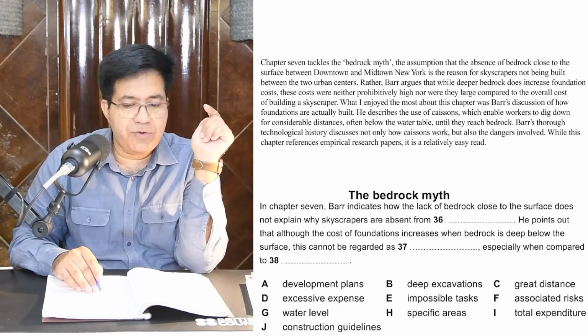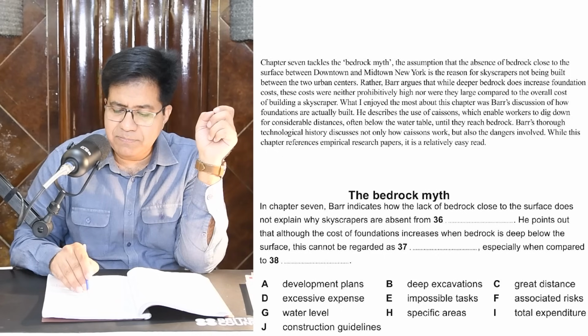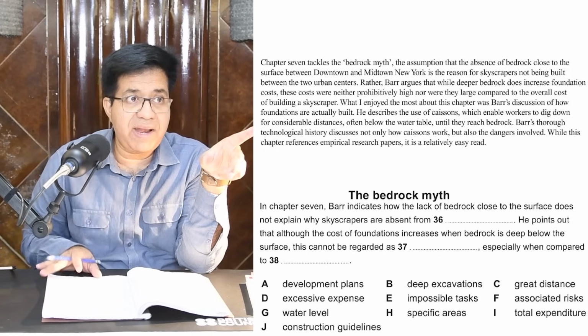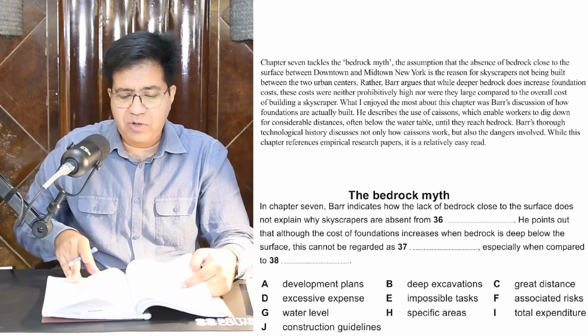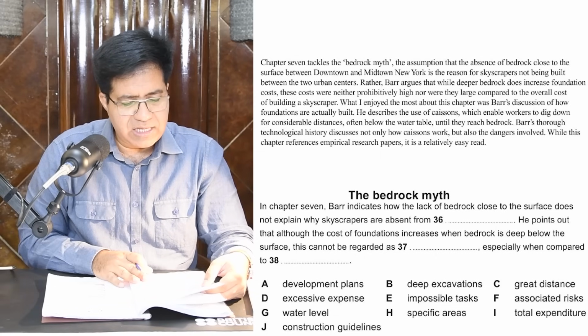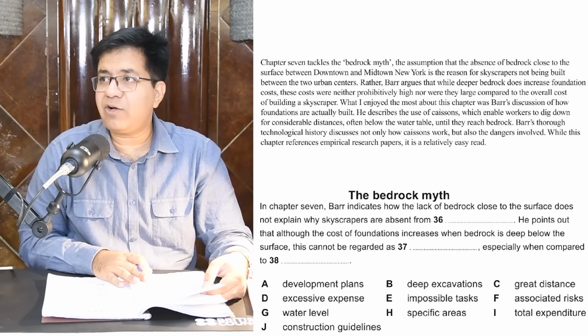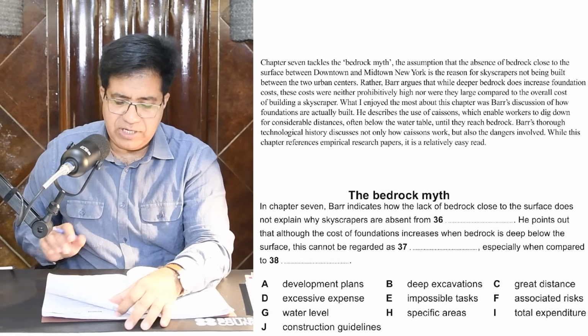Another clue word, bedrock. The assumption that the absence of bedrock, now answer is not bedrock. They've used the word absence of bedrock, but you can see in the question they've used the word bedrock. So the word which is written in the question can never be the answer. We read on.